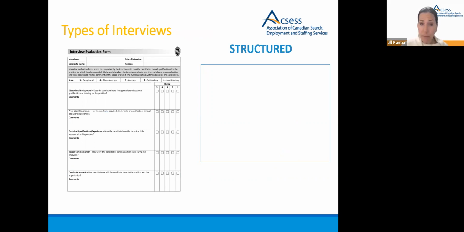Again, my personal favorite, when I started to realize how unstructured my interviews were when I started out, is the structured approach. The primary purpose of the interview is to transfer information from the candidate to the recruiter, so that you can then confidently transfer that information back to the client.